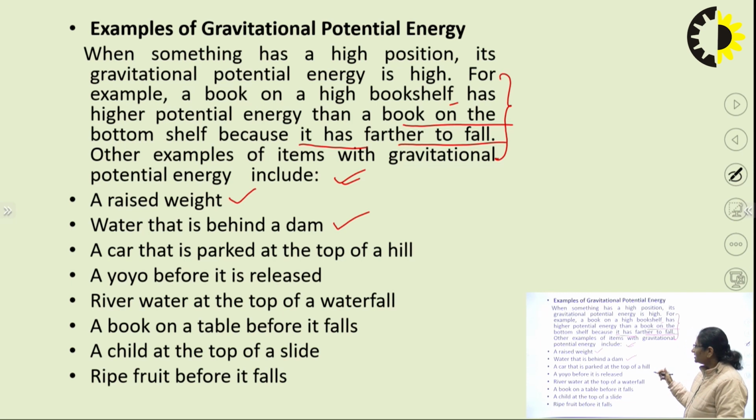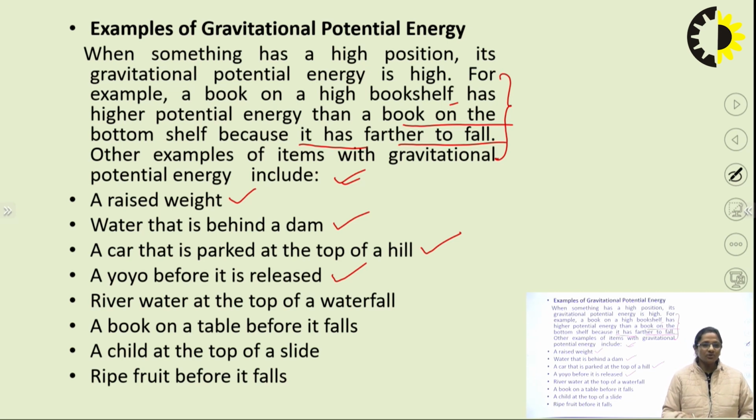A car that is parked at the top of a hill is also an example of gravitational potential energy. Once allowed, the car will start moving down the hill due to the effect of gravitational forces. A yo-yo before it is released, a yo-yo which is ready to get released, contains potential energy.